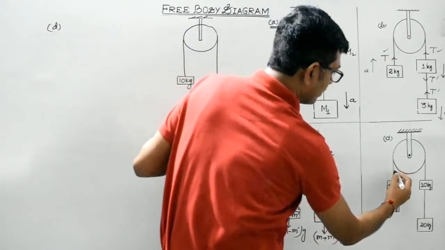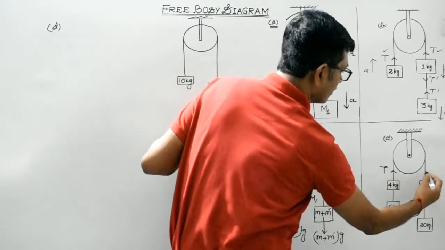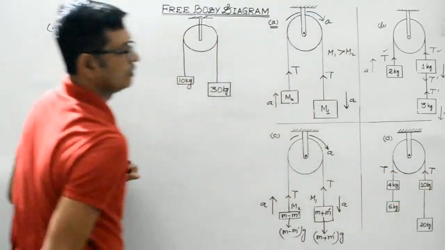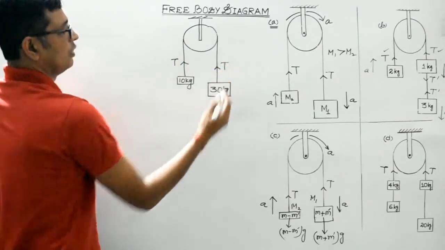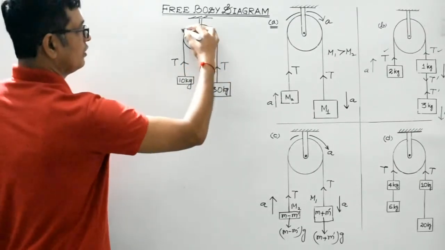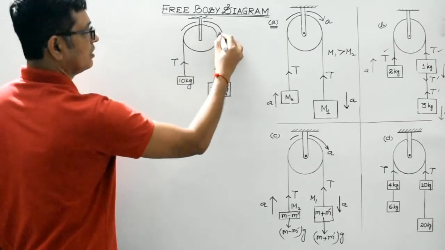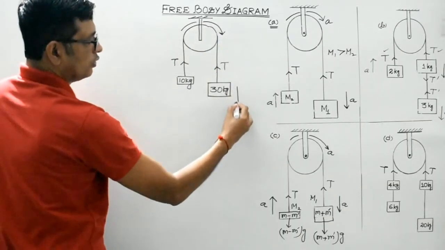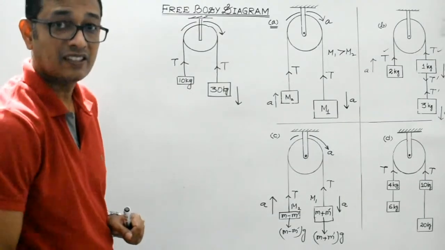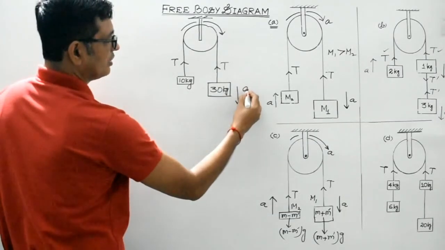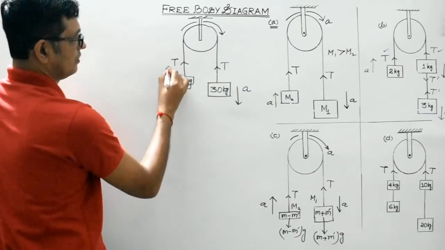And this is the tension T. Clear? Obviously 30 is greater than 10, so it will have an acceleration in this direction, clockwise. In the same time both the bodies will cover the same distance, so they will have the same acceleration.